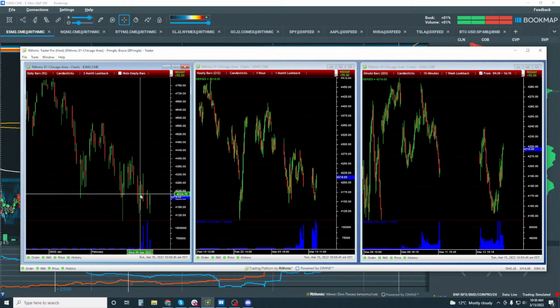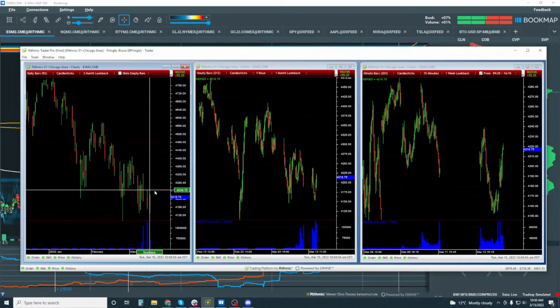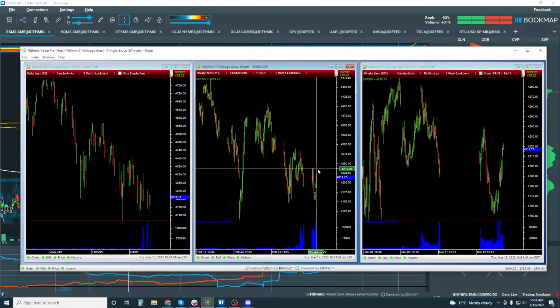So we're looking for a test back up. I like this swing here at 34, but slightly lower than this swing at 44. Yeah, that's about right. So let's see them test these highs up here around 36, 37, something like that.